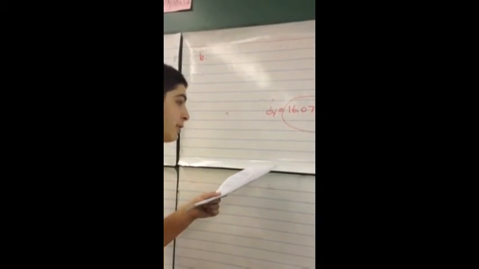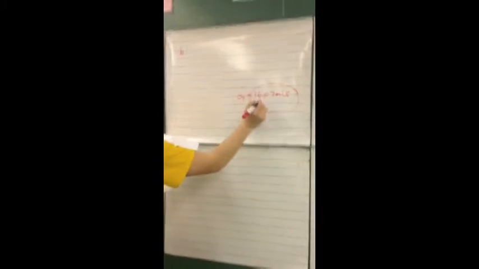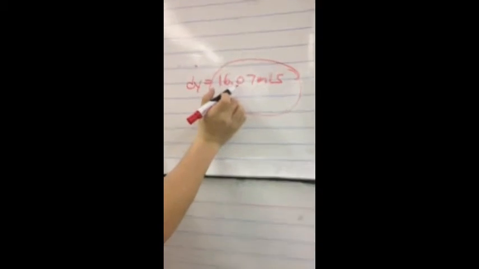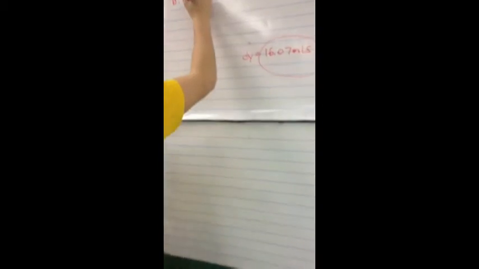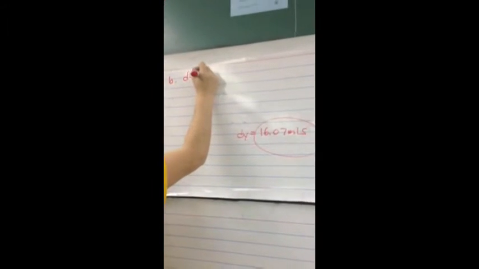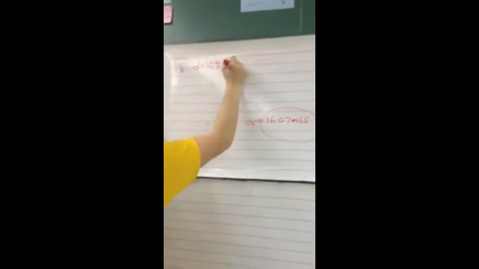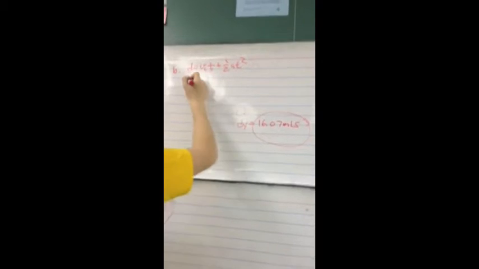Because it's an arc, I decided to think of a quadratic equation. I plugged it into the formula d is equal to v_i t plus 1/2 a t squared.